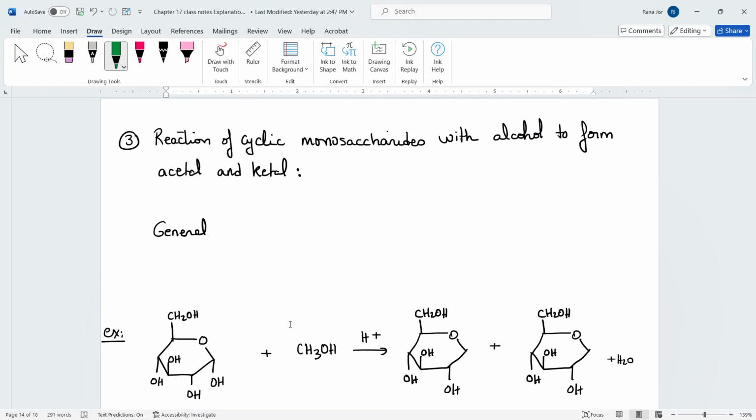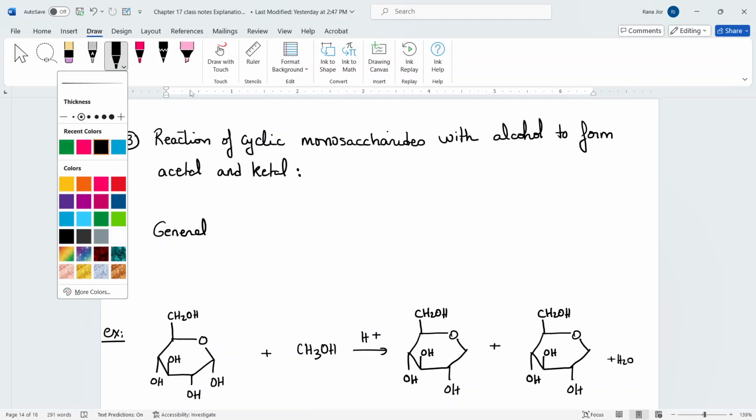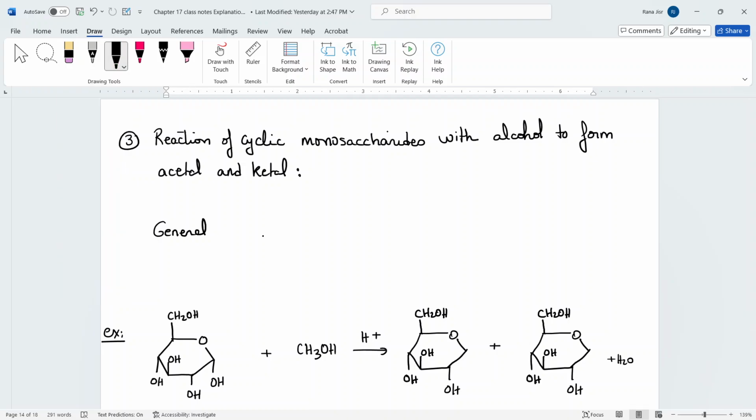The third reaction is the reaction of cyclic monosaccharides with alcohols to form acetals and ketals. In general, we already know that if we have a hemiacetal, and this is a hemiacetal in here, and since you have a hydrogen there, this is why we call it a hemiacetal.